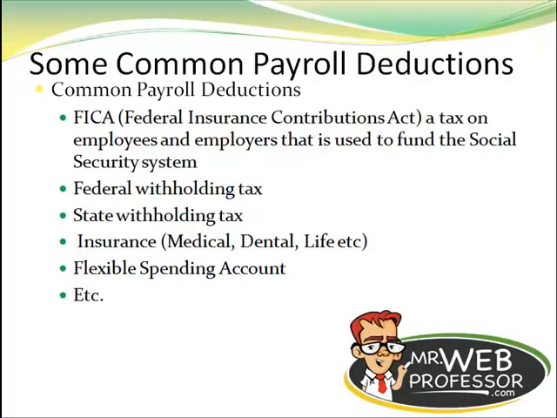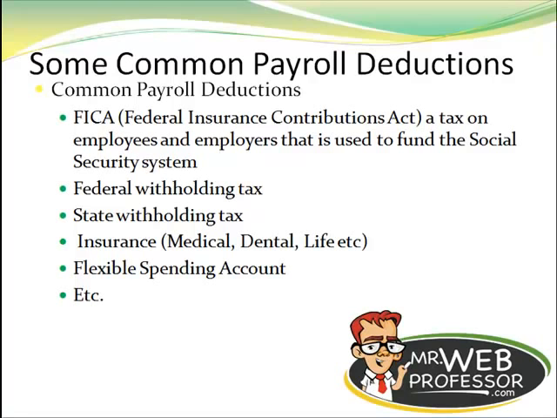Some common payroll deductions are FICA, Federal Insurance Contribution Act, which is a tax on employees and employers that is used to fund the Social Security system. You also have, in addition to FICA, your federal withholding tax and your state withholding tax.